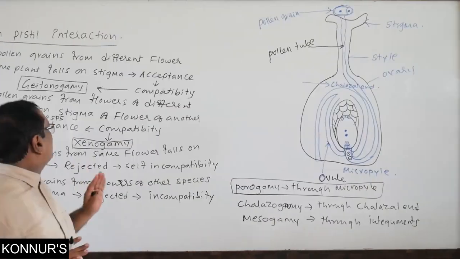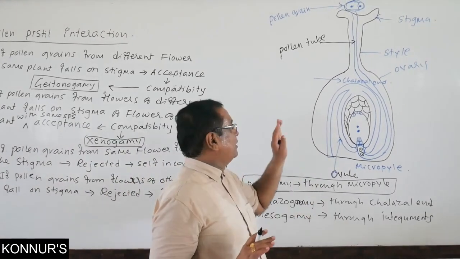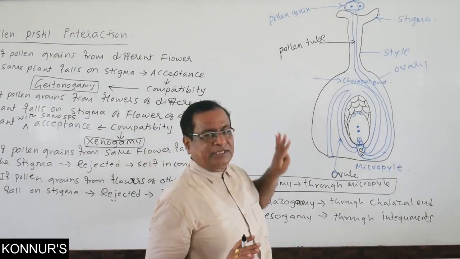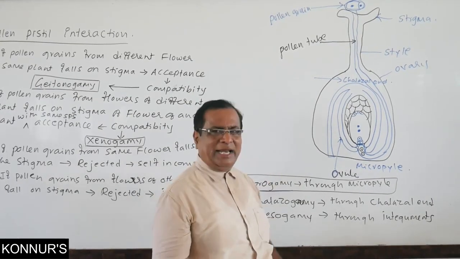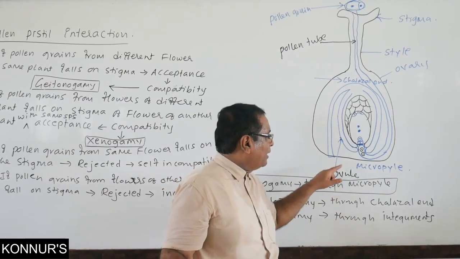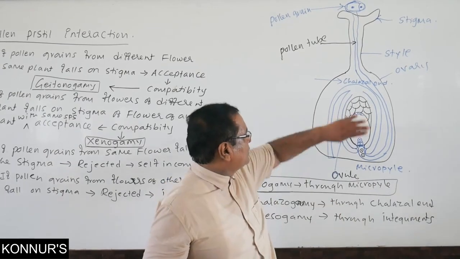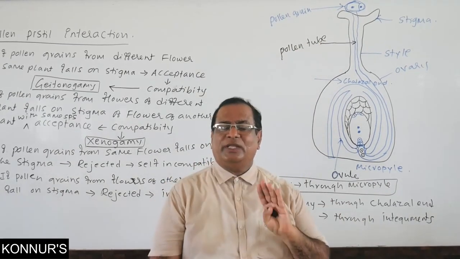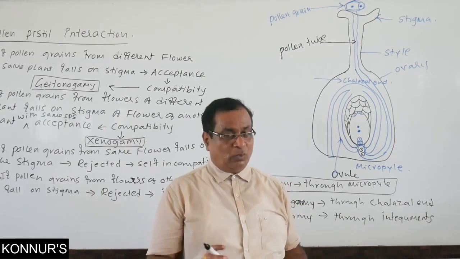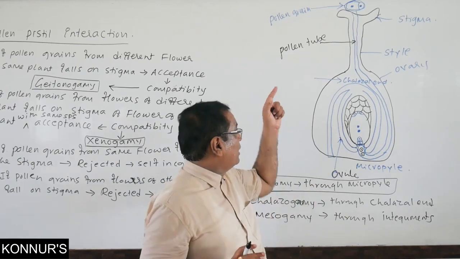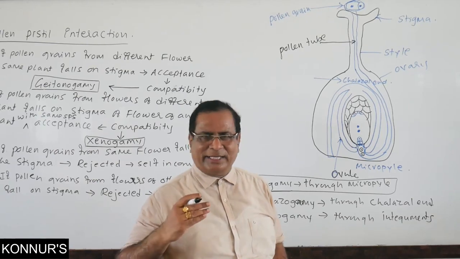What is pollen-pistil interaction? When the pollen grain falls on the stigma, the acceptance of that pollen grain and entry of a pollen tube into the ovule, the events during all these things are said to be pollen-pistil interaction. What are those events? When the pollen grain falls on it, it may be accepted or rejected.